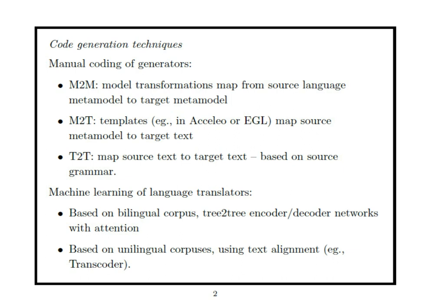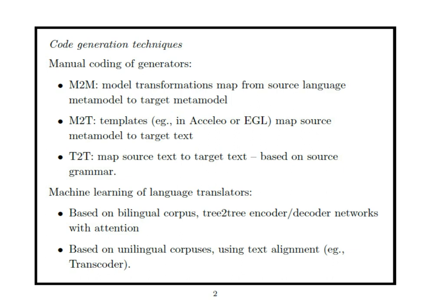More recently, there have been approaches based on unilingual corpuses, where we have separate, not coordinated databases of individual language examples, and then the translation is based on alignments recognizing corresponding keywords and elements of the different texts.